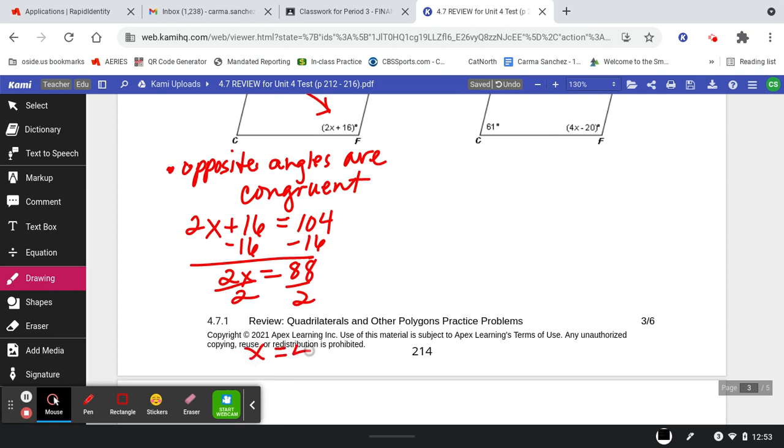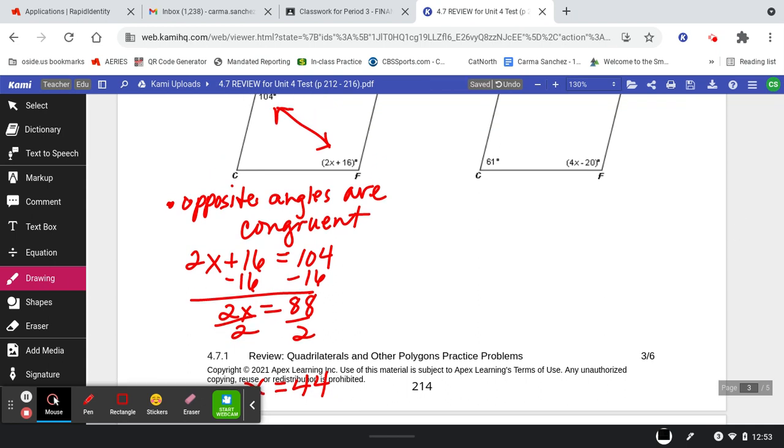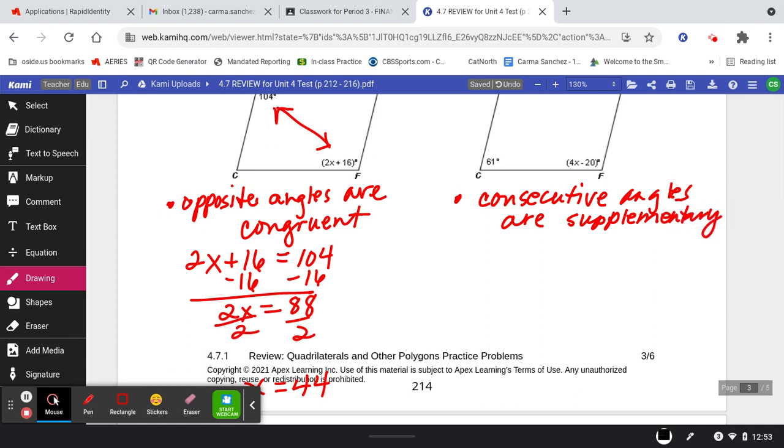How'd you do? Right, over here we've got consecutive angles. And we know that consecutive angles are supplementary. So this time we're going to go 4x minus 20 plus 61 equals 180.